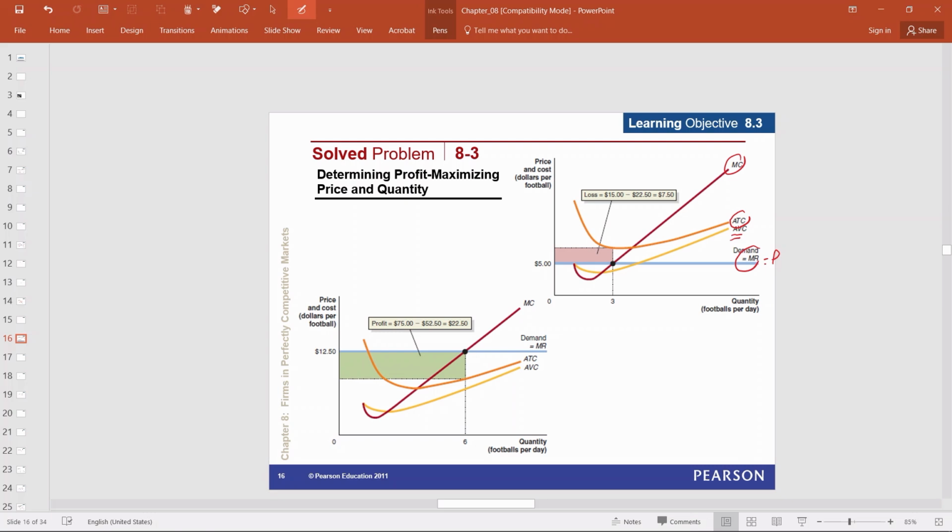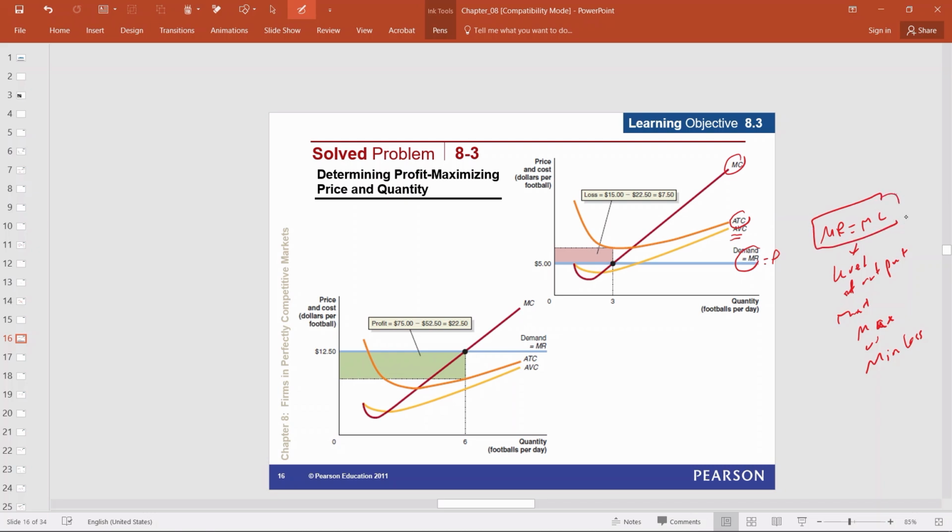Here we want to determine the level of output that maximizes our profit or shows our loss. So I always have this criteria which says marginal revenue equals marginal cost. This determines the level of output that maximizes profit or minimizes loss, which means better not to go beyond the level of output that is determined with this rule.